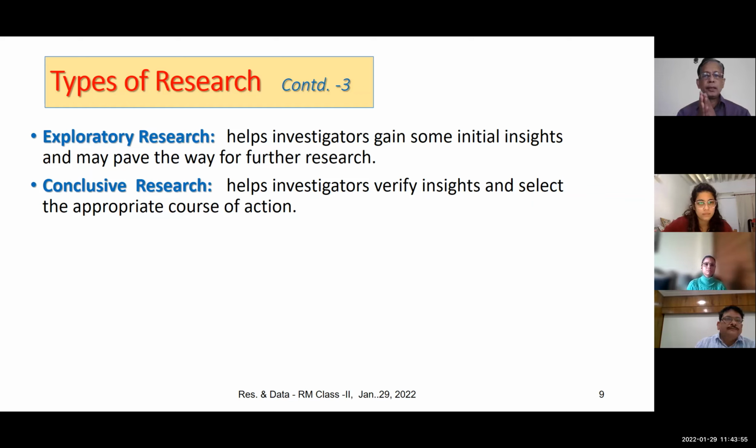Say, for example, when the world got stunned with a new virus called COVID 2.5 years back, nobody knew what it is or how serious it is. When they started research, first they tried exploratory. Then they got insights: this could be the cause of COVID, this could be the preventive measure. After having some initial insight, then you go for conclusive. Okay, this could be the medicine.